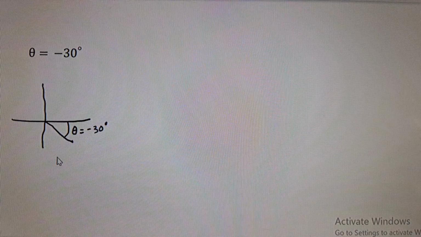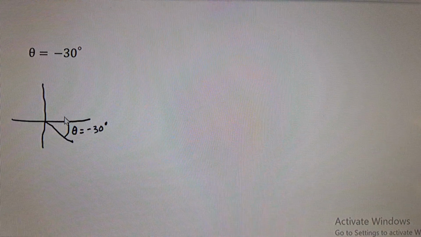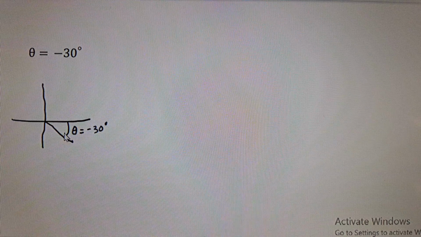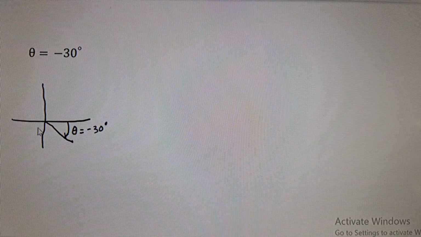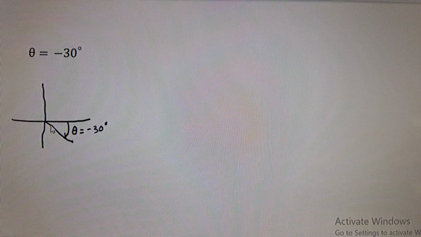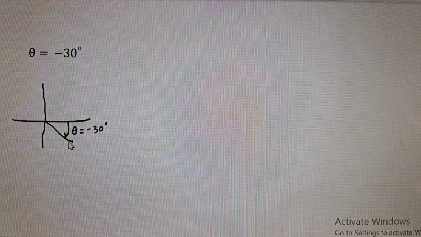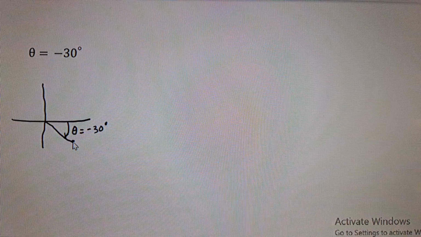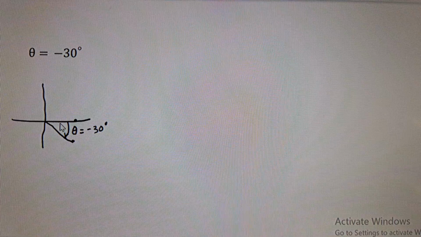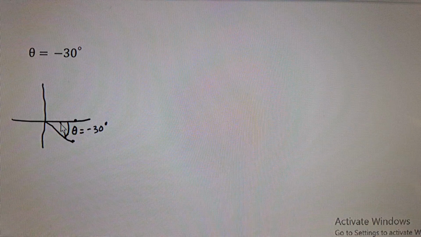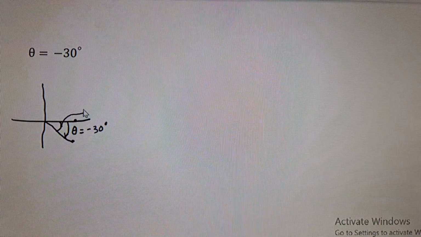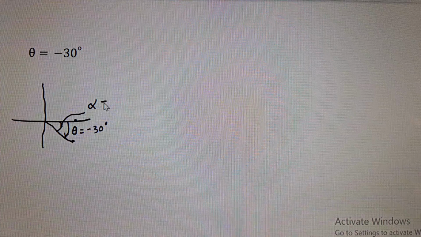So what would be the reference angle? We know that the reference angle has to be the angle that the terminal side makes with the x-axis. So that angle right here is also the reference angle.